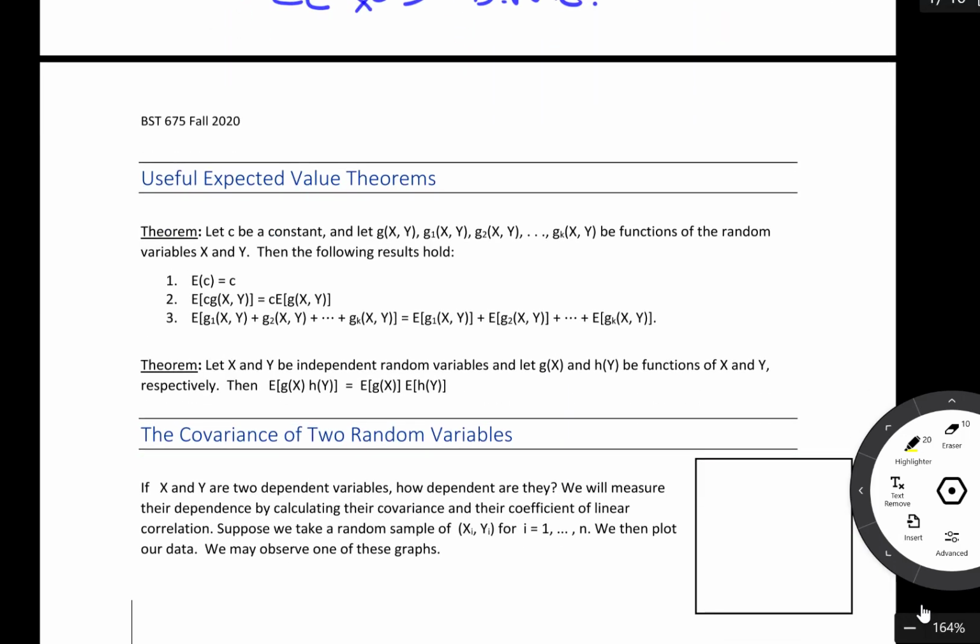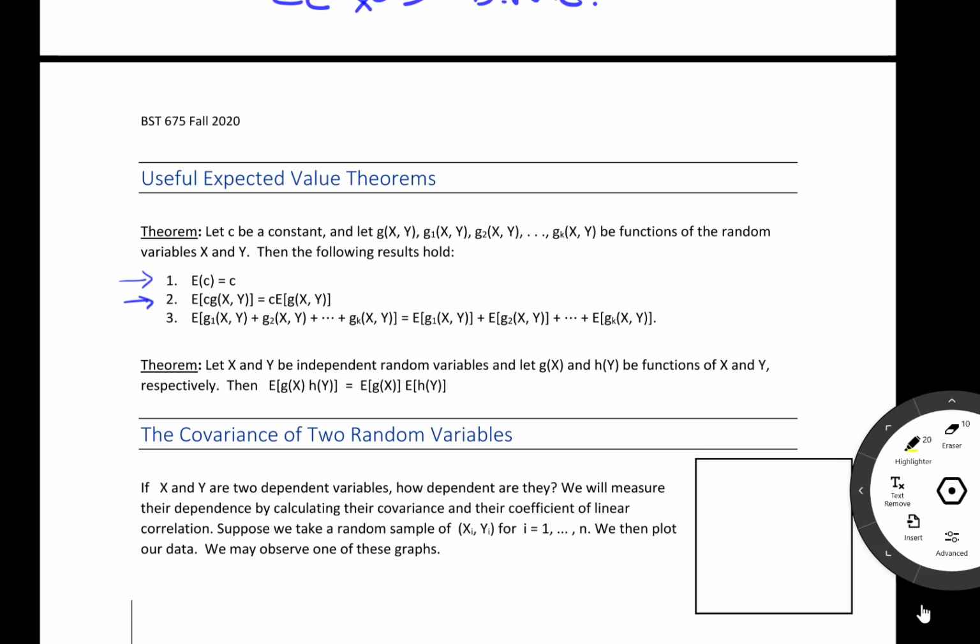There are several useful expected value theorems. Now, these theorems are going to look very similar to what we looked at in the univariate case. So for example, the expected value of a constant is just equal to a constant. If we have the expected value of a function of x and y, and we multiply that function by a constant c, then we know that we can pull that constant outside of the expected value.